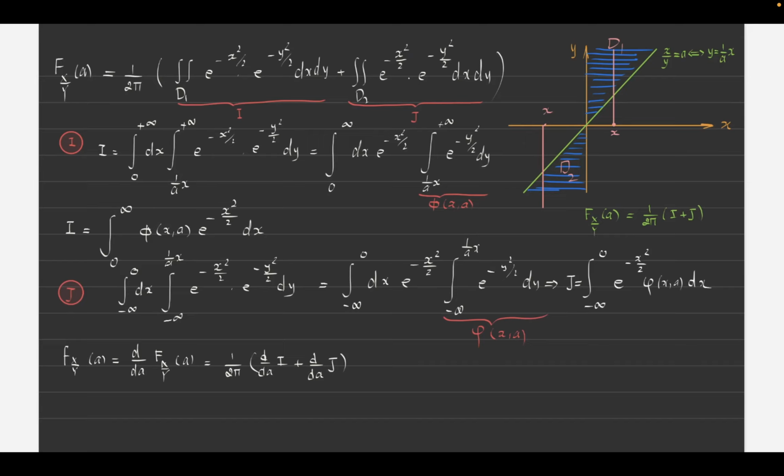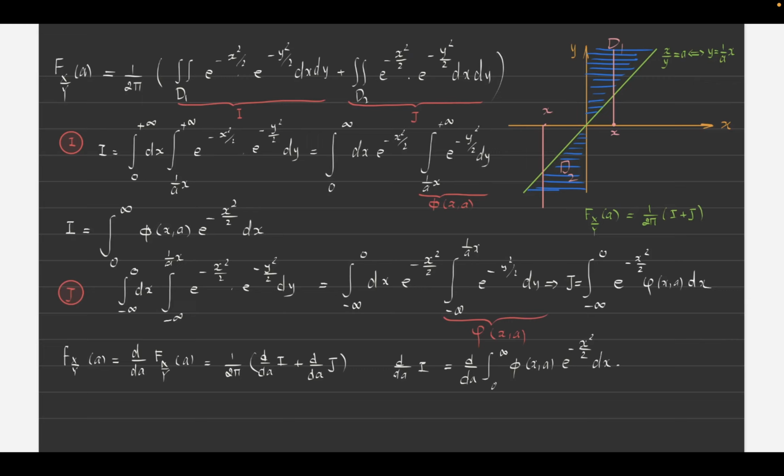Let us concentrate on the derivative of I here. I have enough space, I think I will be able to do it. So this is your I, and you want to differentiate it. Let me write everything explicitly. d/da of I is equal to d/da of the integral from 0 to infinity of phi of x and a times e to the power of minus x squared over 2 dx.